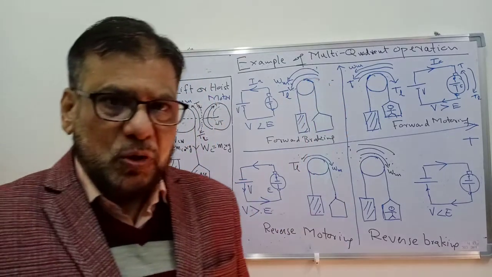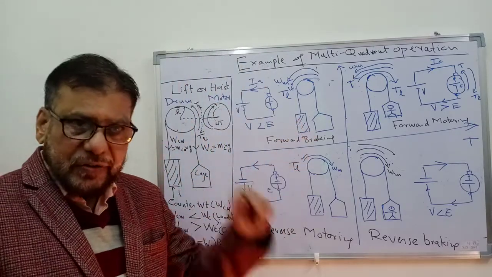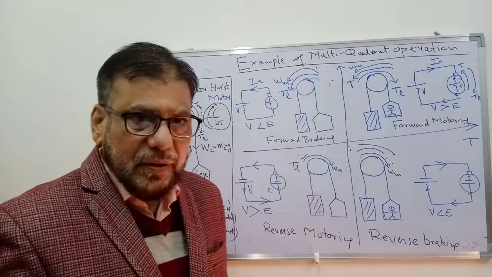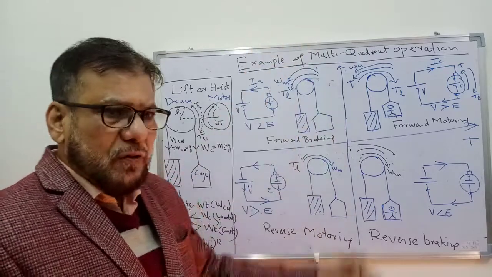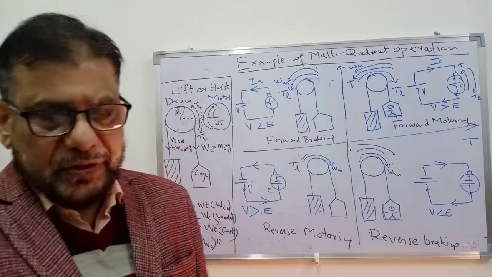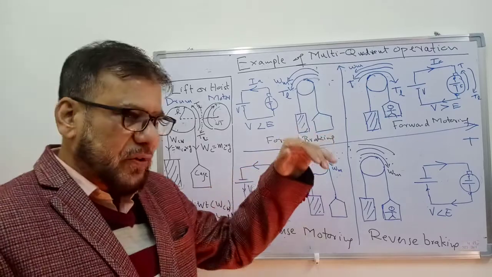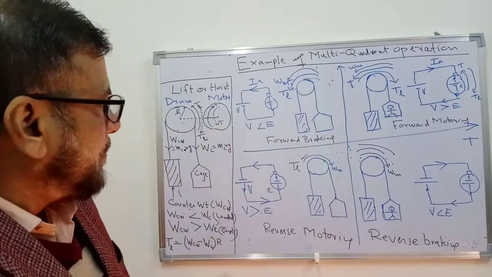If you don't connect any motor, what will happen? Because of this counterweight, or anti-clockwise torque, the cage will move upward with increasing speed. You have to move the cage at a constant and comfortable speed, at a safe speed.